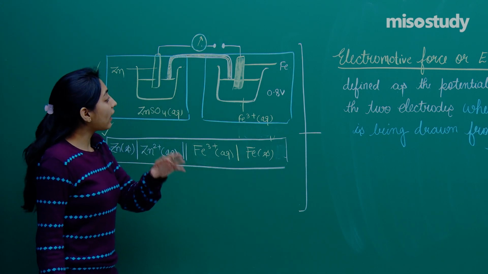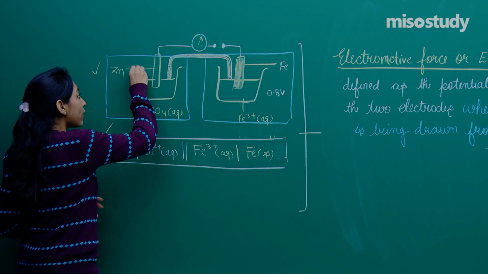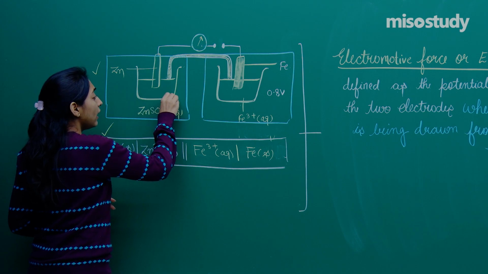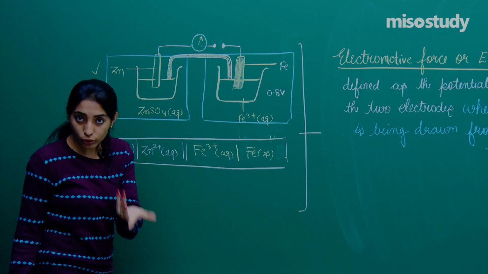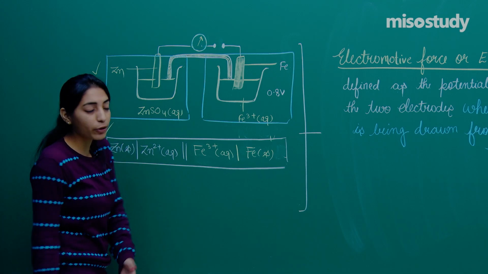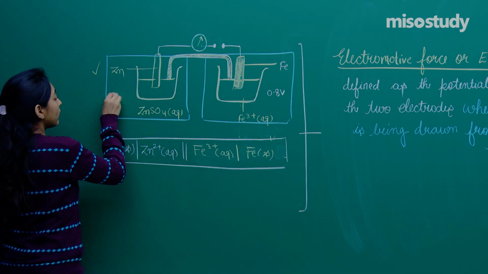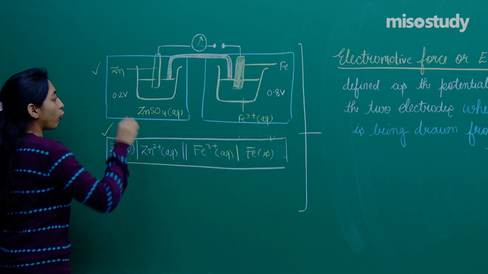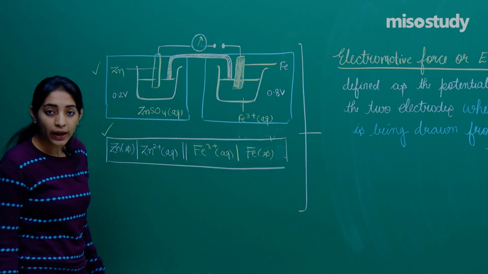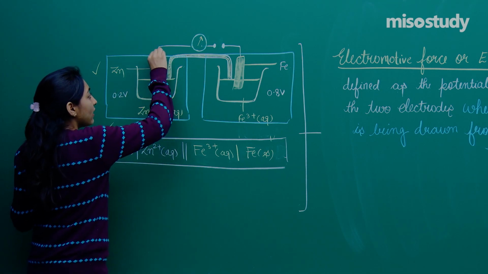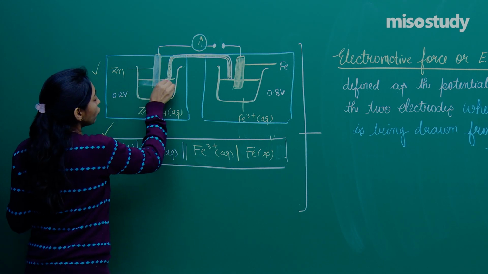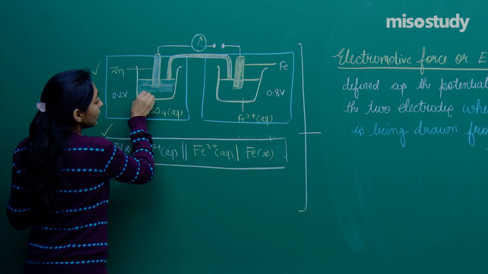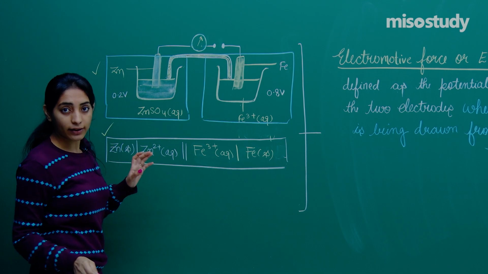Fine. And now I am saying when a zinc electrode is separately kept in ZnSO4 solution, then also "kuch hota hai", right? Then also something will happen. And let us say here the potential difference was just 0.2 volt. Now, when a zinc electrode is dipped in ZnSO4 solution, a potential difference of 0.2 volt is there, right?